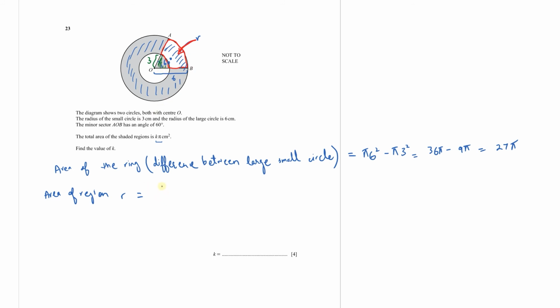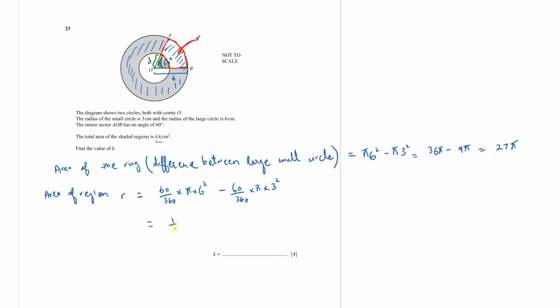So that will be 60 by 360 times pi times 6 squared, minus 60 by 360 times pi times 3 squared. This gives me the area bounded by this red region. I'm taking the area of the large sector and subtracting the area of the small sector.